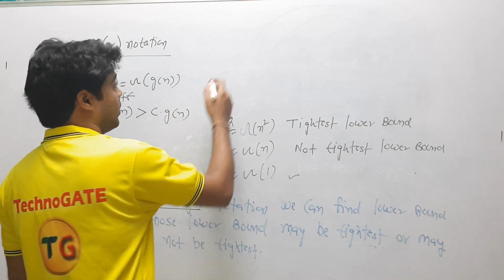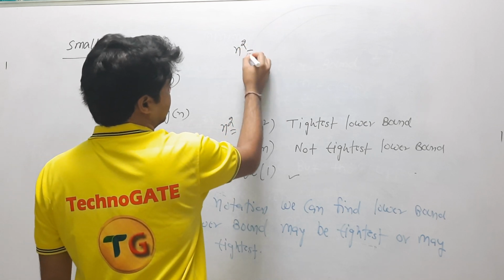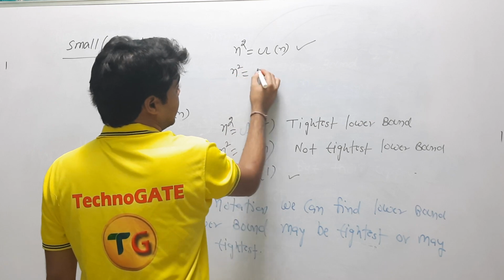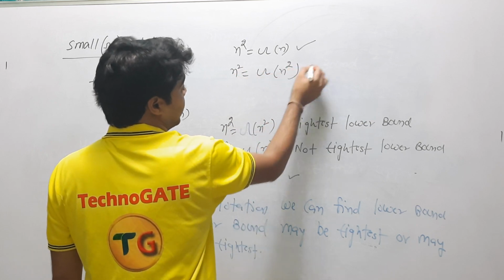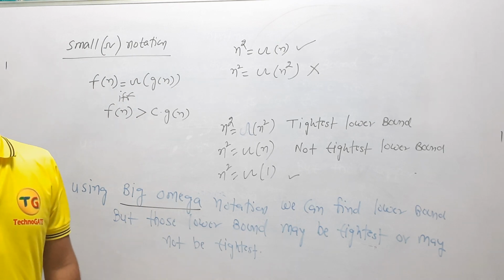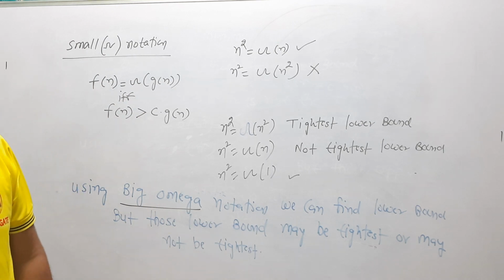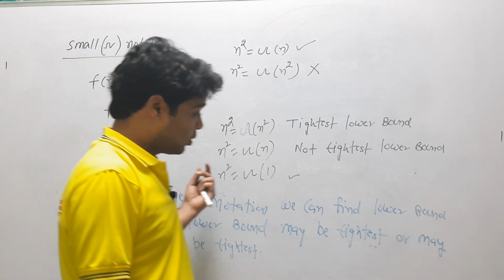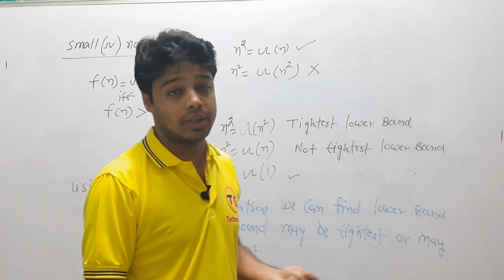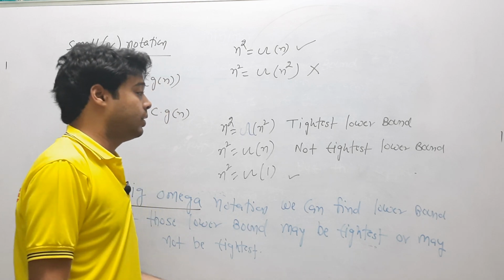In small omega notation, n square is omega of n. Yes, it is valid. N square is omega of n square is not valid, as it's small omega. Clear? So through small omega notation we can find that the lower bound may or may not be tightest.